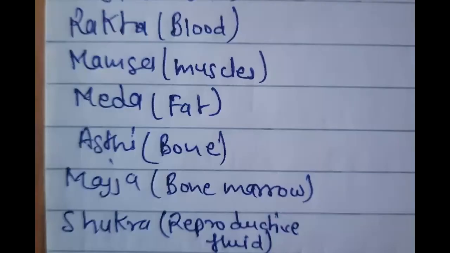Again, I'm going to show you that picture so you can understand. Saptadhatu: seven types. Sapta means seven, and Dhatu means tissue or element, bodily tissue.